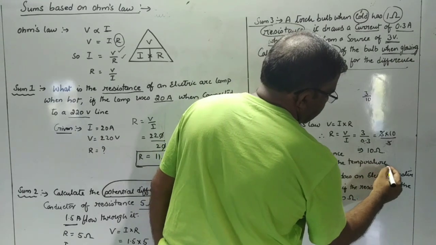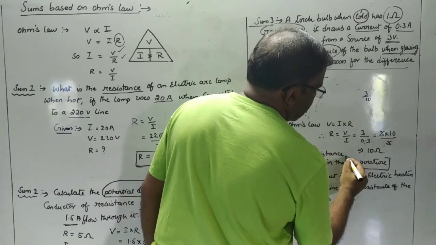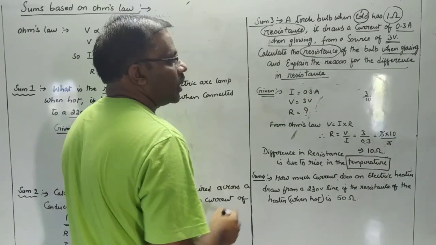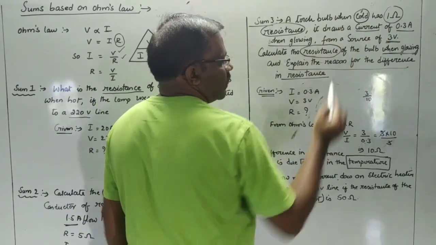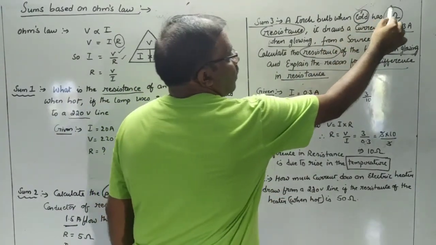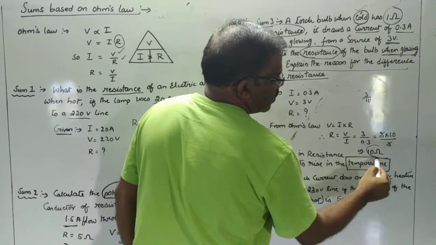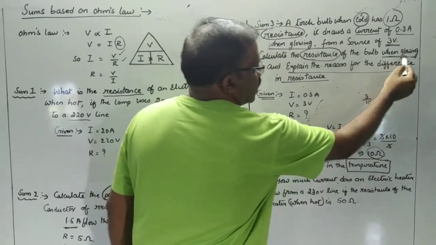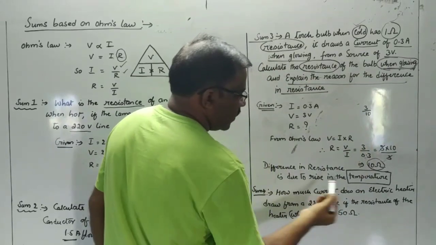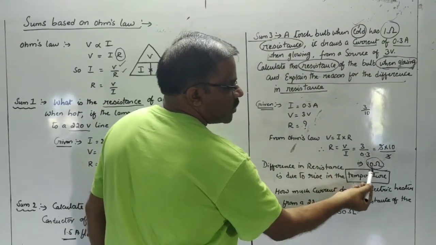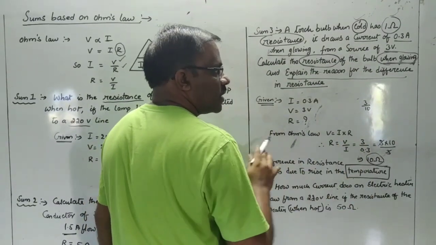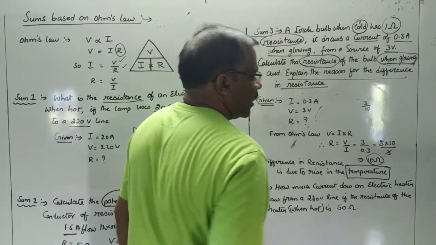So if there is a change in temperature, the resistance will definitely change. Initially the resistance was 1 ohm when cold, but now the resistance is how much? 10 ohms, because it is glowing. So if there is a rise in temperature, the resistance will increase. If the temperature is less, the resistance will be less.